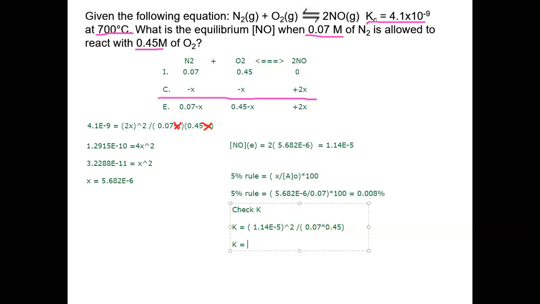And we get 4.12 e to the negative 9. So our K checks out. So again, since Kc is so much smaller compared to the initial concentrations, we can make this approximation.